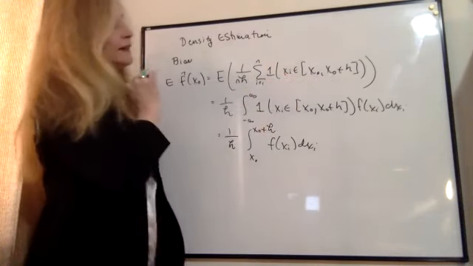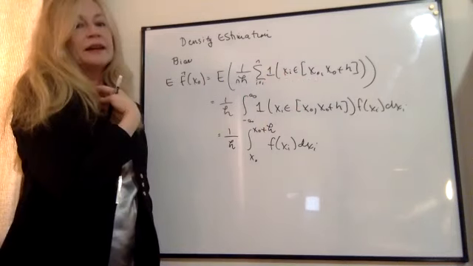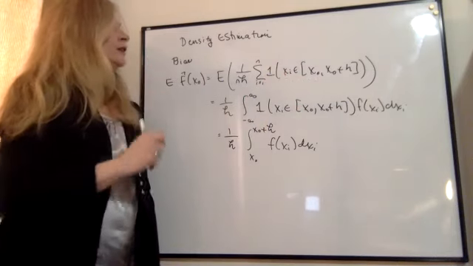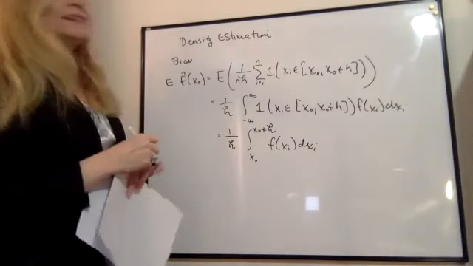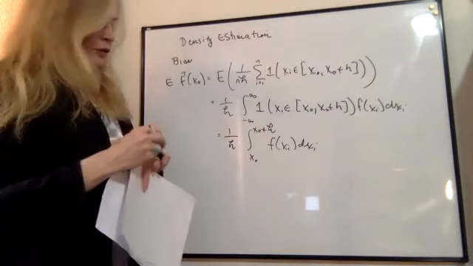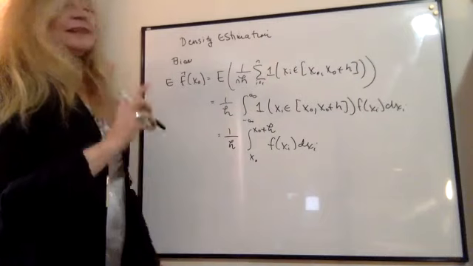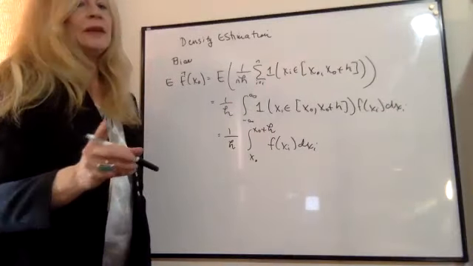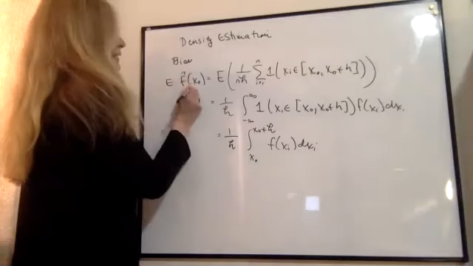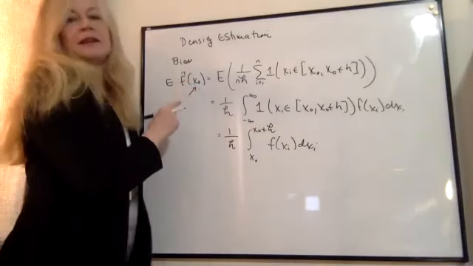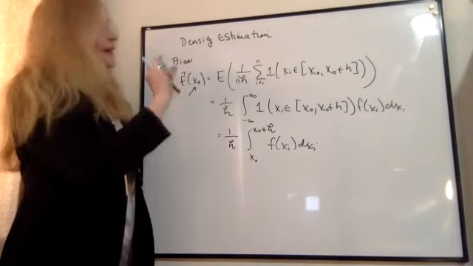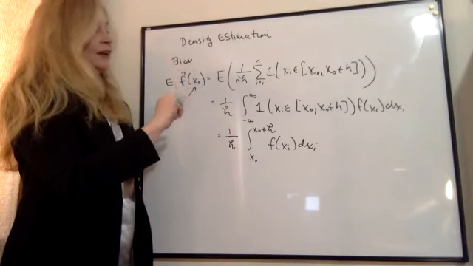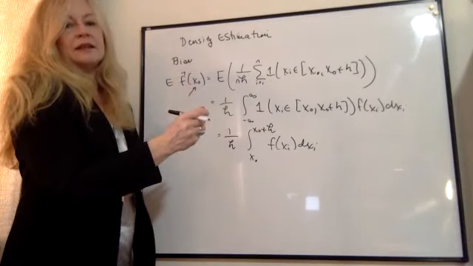I choose x naught because, oh yeah, I should mention this is a local estimator. So when I do this, I will get the density value at 1 point. Maybe that's what you're talking about, that I'll only get the density estimator at x naught. So if I want to get a different density value, I could look at a different x naught.